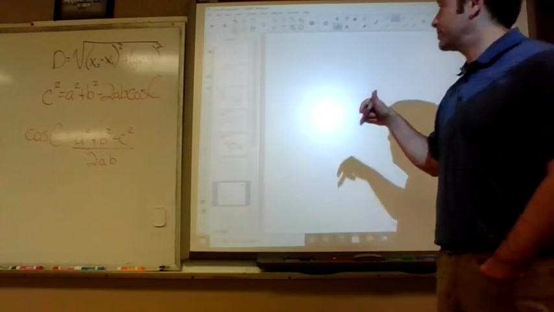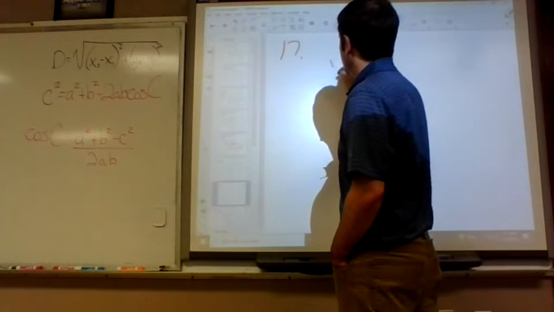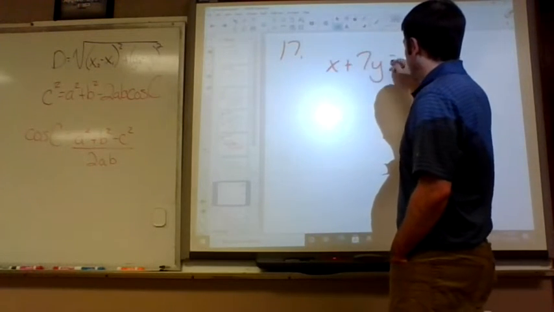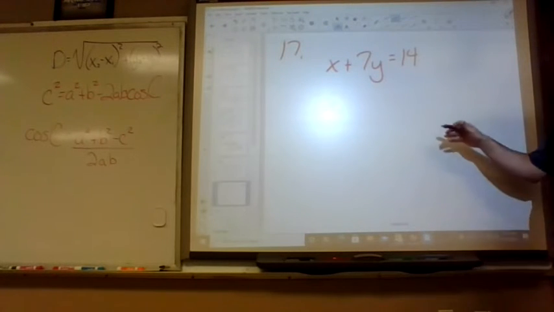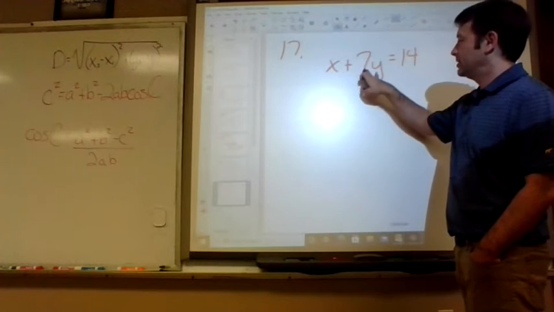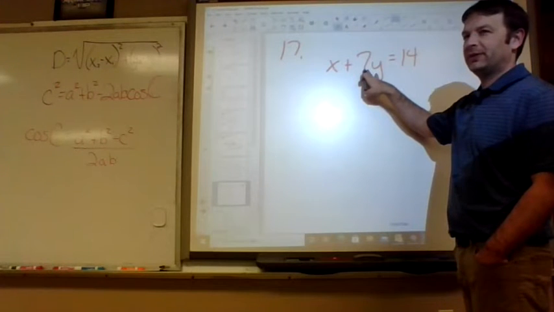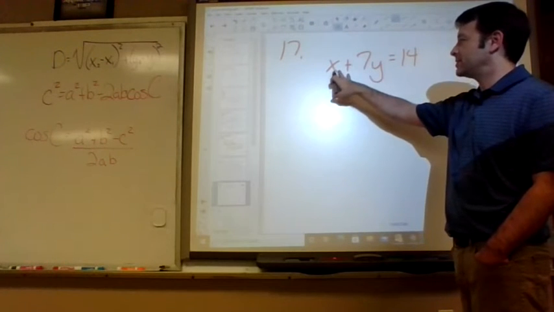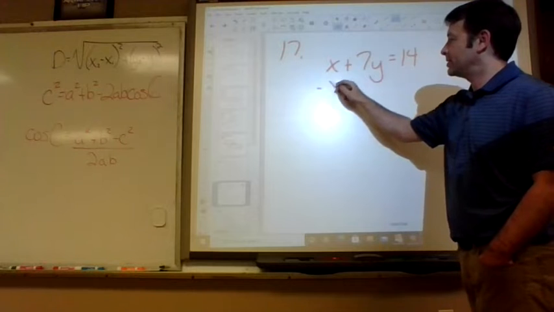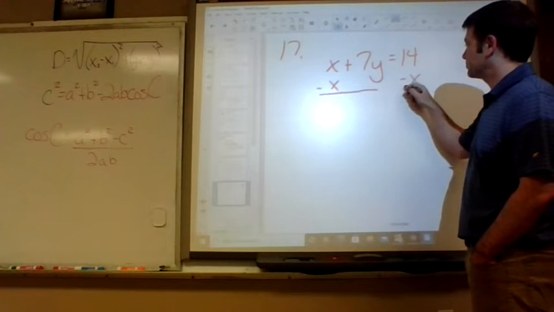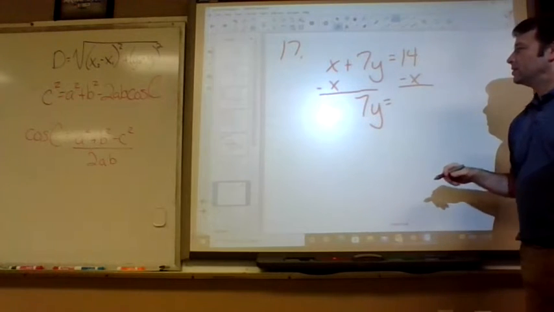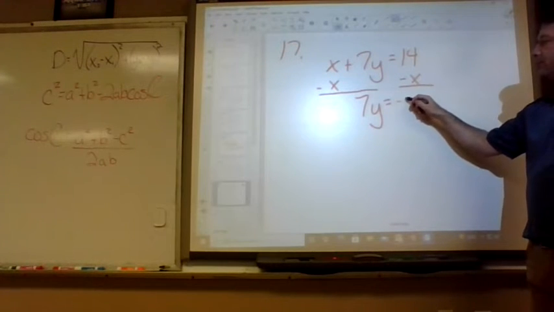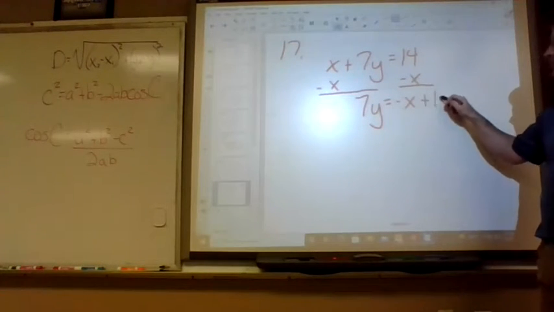Alright, what do I do first on this one? Subtract x. Still trying to get y by itself, but usually we do the division after the addition and subtraction. So I'm going to subtract the x first. Instead of 14 minus x, I'm going to put minus x plus 14.